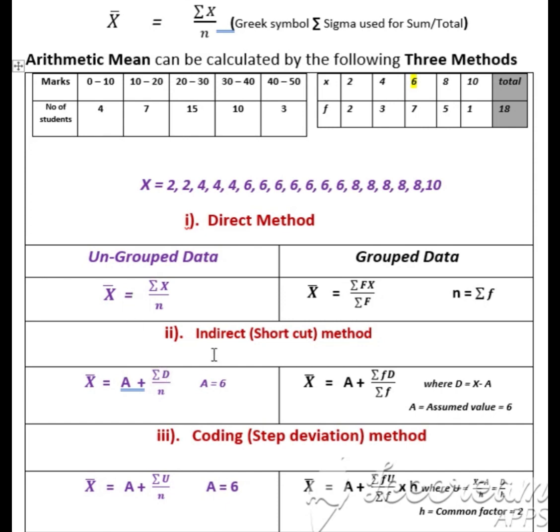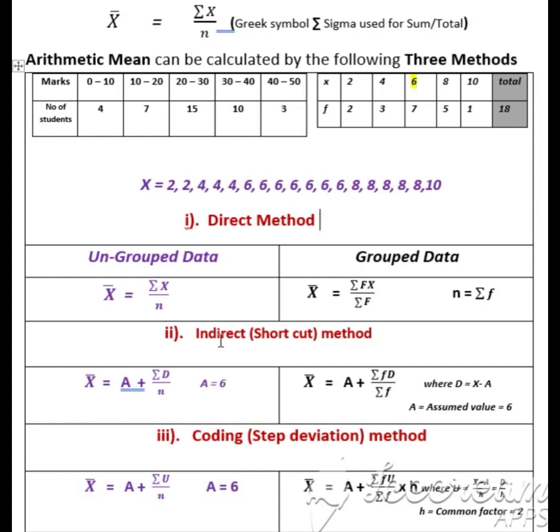Now for the indirect or shortcut method, the only difference between grouped data, ungrouped data, and the coding method is the x. In the direct method, you will write x in both formulas: the first is without f, the second one is f times x. In the indirect method, you will write capital D in both formulas, and with the coding method there is capital U in both formulas.